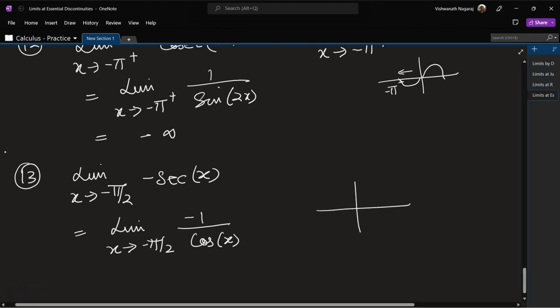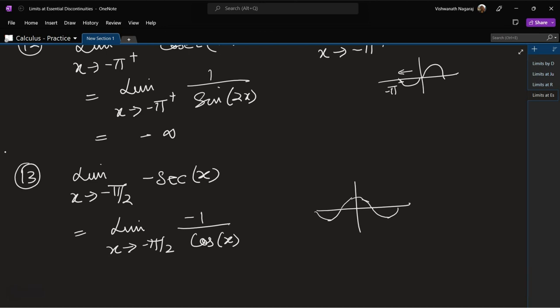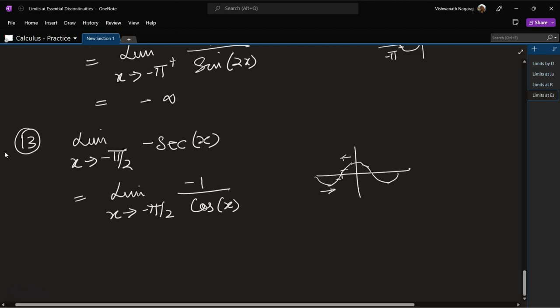So let's look at the cos. So it will go like this. It will go like this. This will go like this. Now we are going to minus pi by 2, right? So minus pi by 2 is this. If we come from this side, right hand side, this will be positive. From the left hand side, it will be negative. Right?